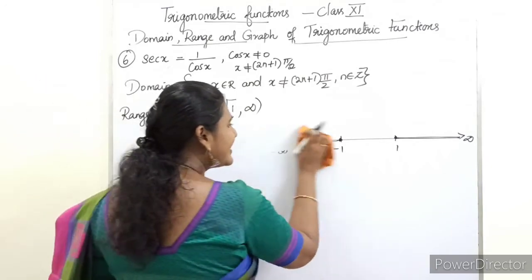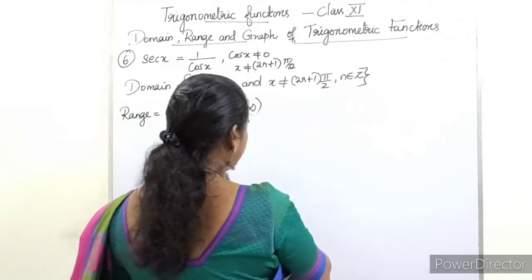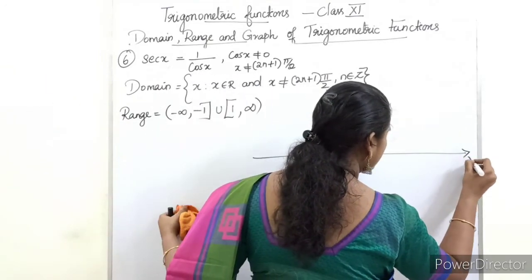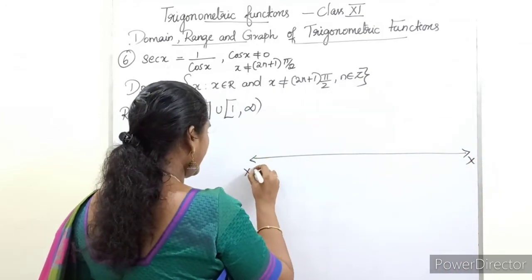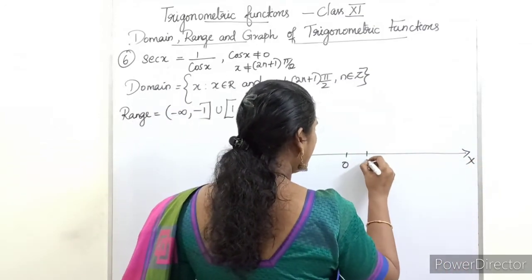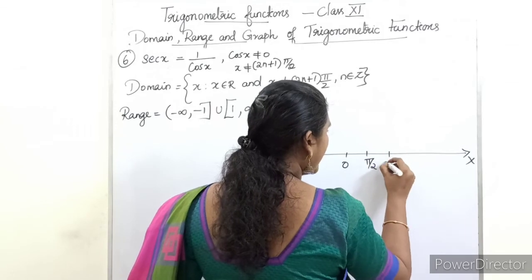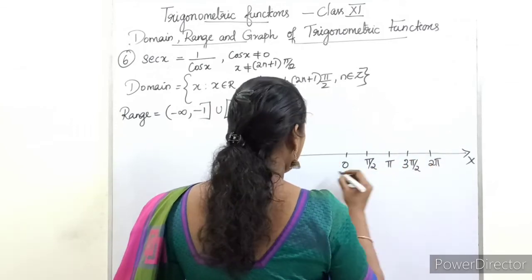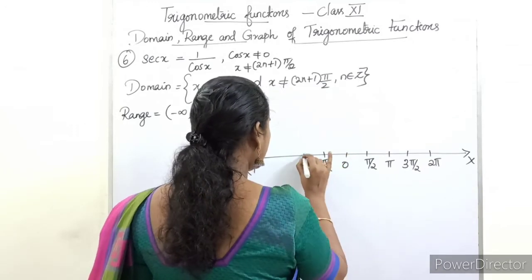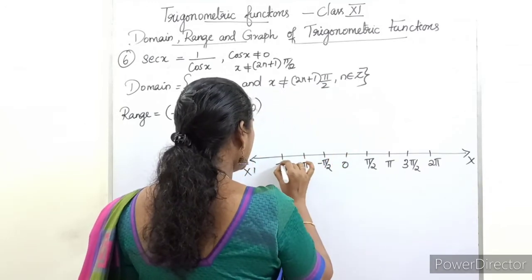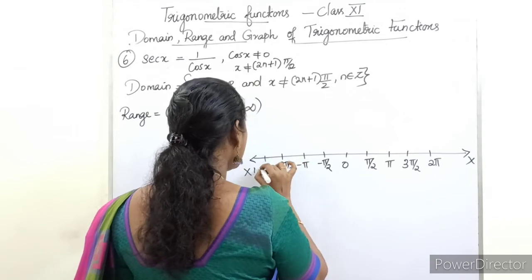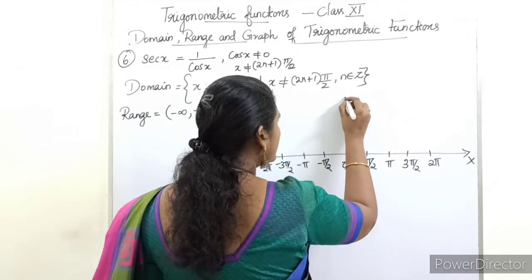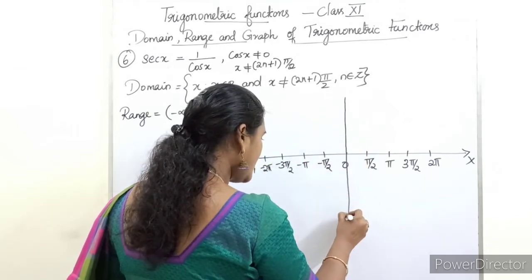Now we will see the graph of sec x. Here we have x dash, 0, pi by 2, pi, 3 pi by 2, 2 pi. Here we will have minus pi by 2, minus pi, minus 3 pi by 2, minus 2 pi. Okay, so here we will draw like this.